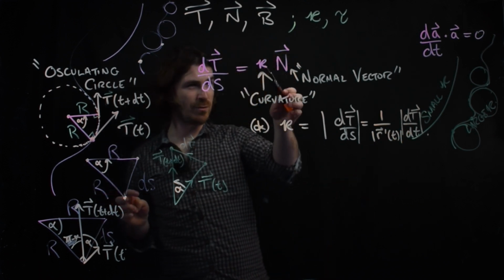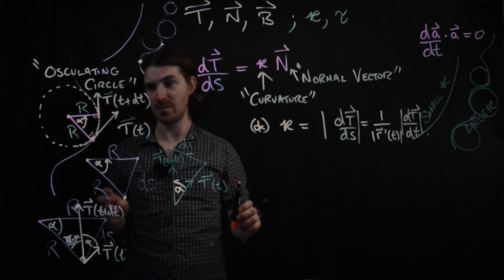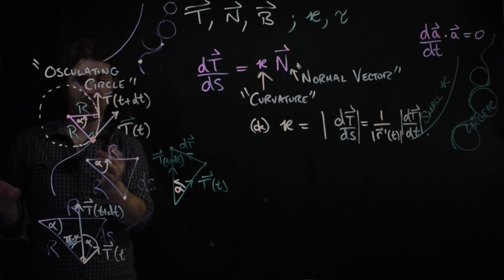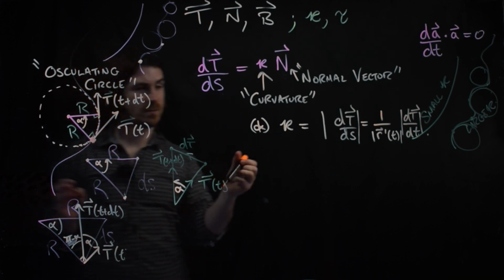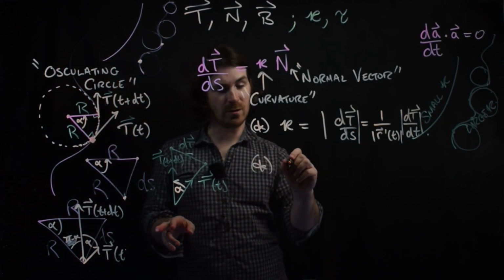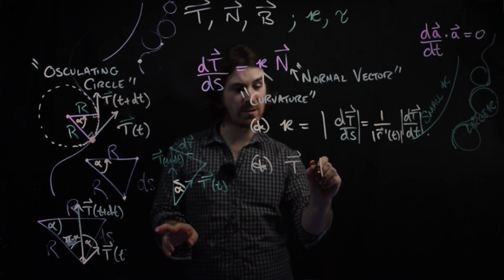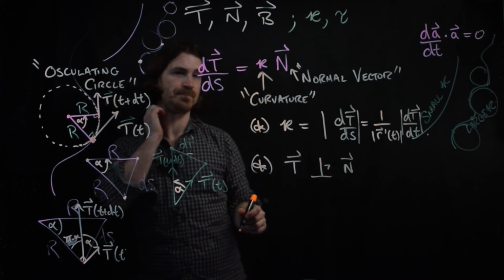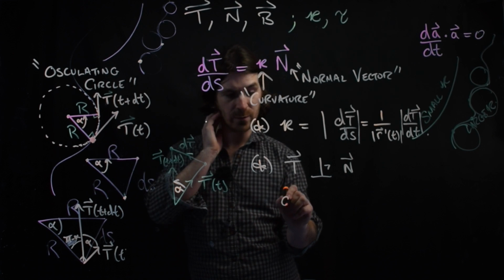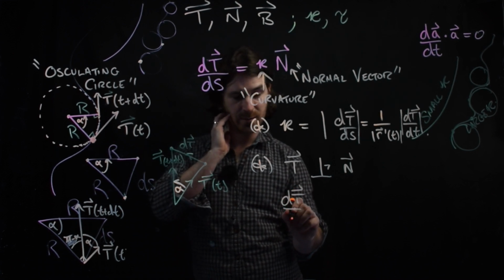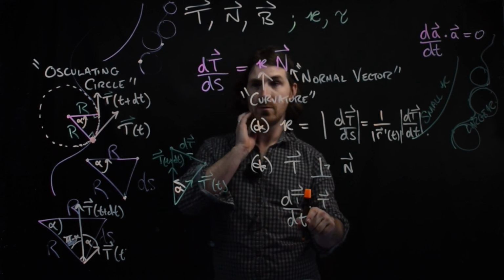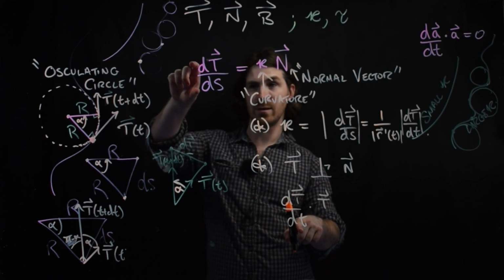Now, we didn't talk about what direction this normal vector points. If we go back to this curve, then at this point, our tangent vector is along here. And we know that our tangent vector is perpendicular to our normal vector, because of that lemma from before, we know that dT/dt is perpendicular to T. And dT/dt is in the same direction as dT/ds.